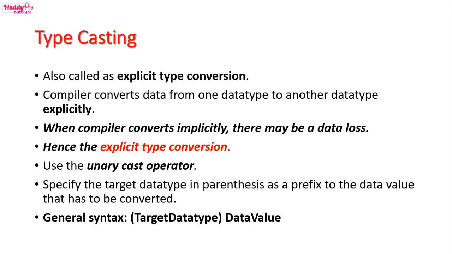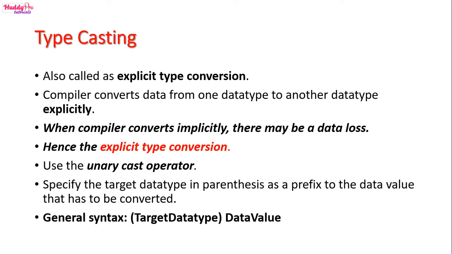Now let's talk about the type casting. This is the second method under type conversion. It is also called the explicit type conversion. The other one was implicit, which is done automatically by the compiler, but this one is explicit type conversion.